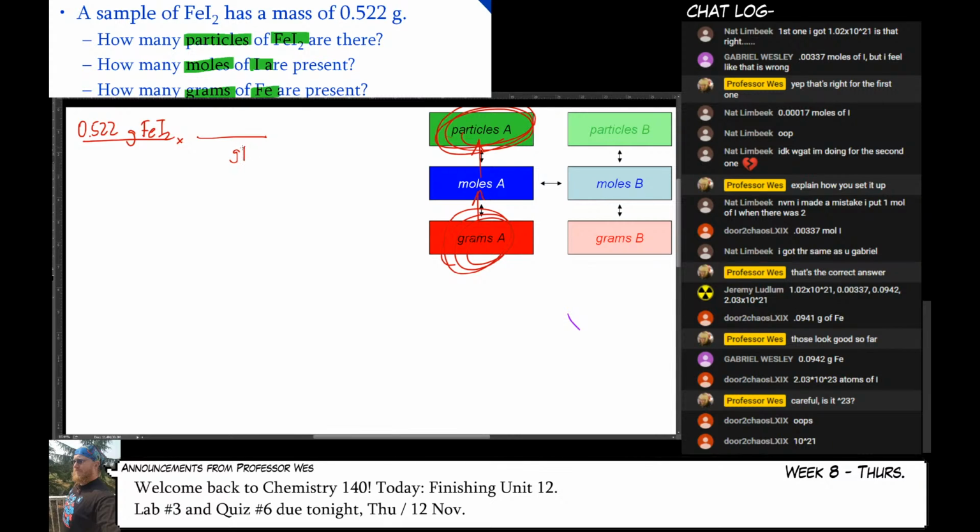So we'll turn grams of FeI2 into moles of FeI2. And then we'll turn moles of FeI2 into particles of FeI2. Technically, these would be formula units.